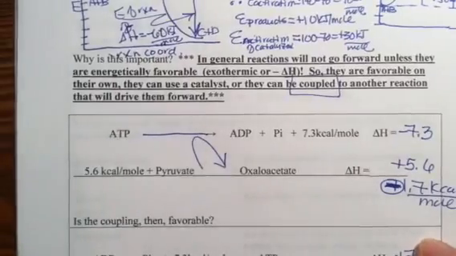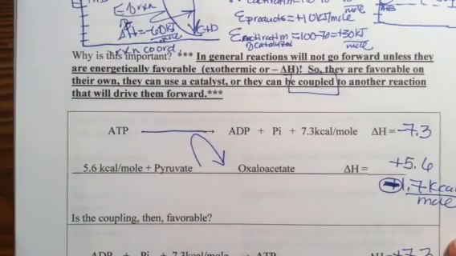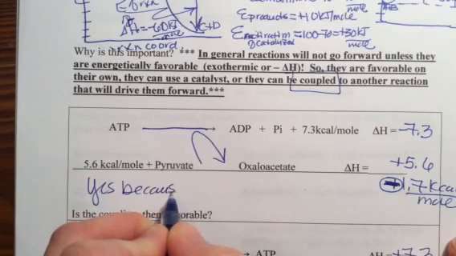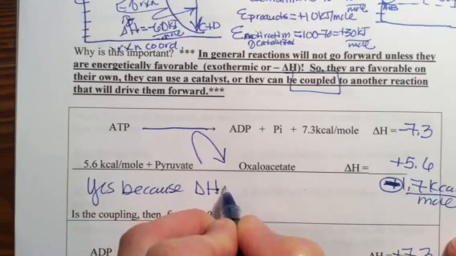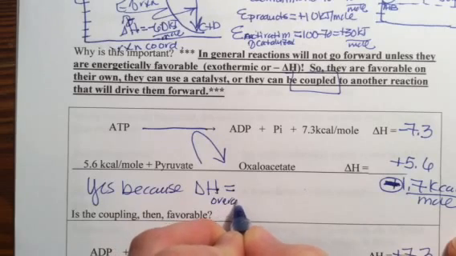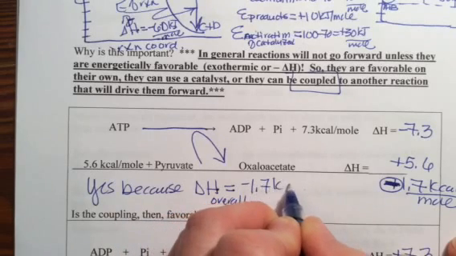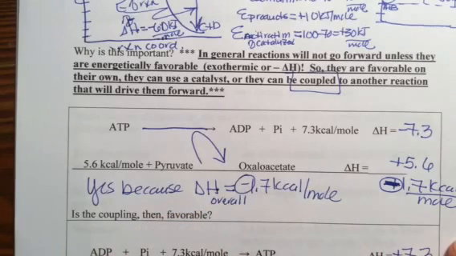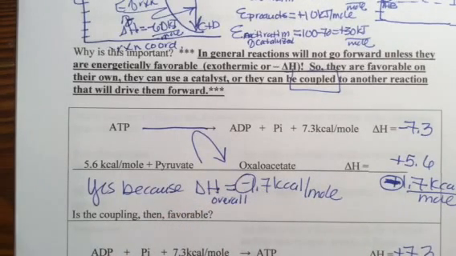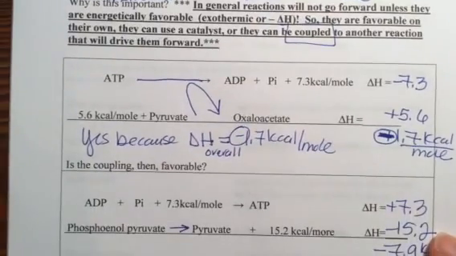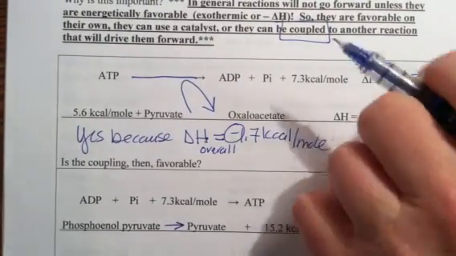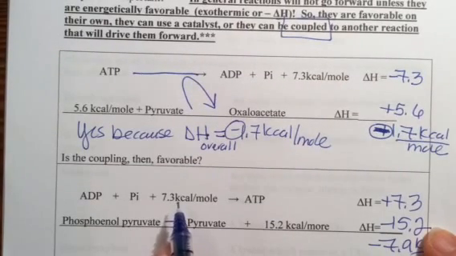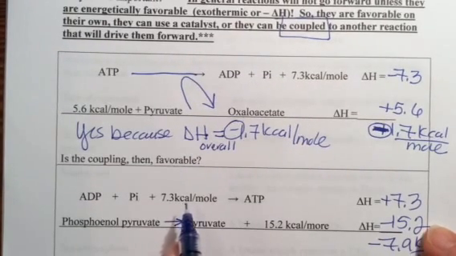And so the question then says, is the reaction coupling favorable? Well, it would be yes, because delta H is equal to negative 1.7 kcals per mole, and the negative is favorable. Okay? Well, let's go the opposite direction, and let's take this reaction and go backwards, which means we have to put the 7.3 kcals per mole back into it.